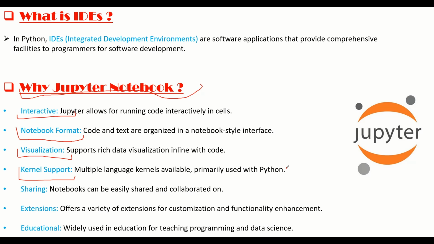However, kernels are available for other languages such as R, Julia, Scala, and more. Each kernel provides an execution environment for the corresponding programming language, allowing users to seamlessly switch between languages within the same notebook.